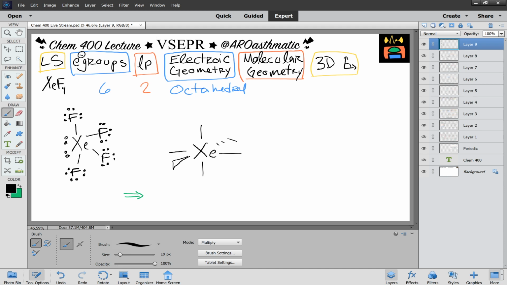I'm going to put mine right here. But where you put your first lone pair determines where your second lone pair goes. Your second lone pair on an octahedron must go opposite the first.